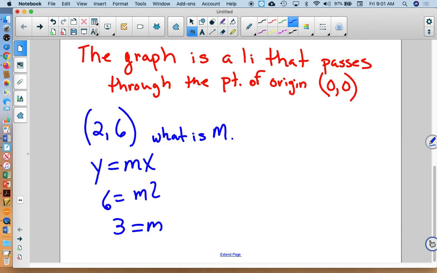What if I said x equals 4 and m equals 3, could you find the value of y? Can we use that same data to find y? Aaron?